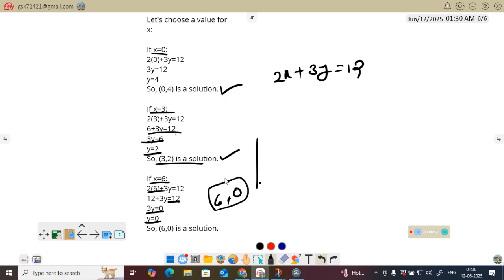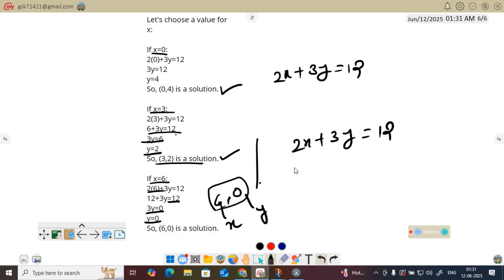But student, we want to verify whether this value is right or wrong. What is our equation? 2x plus 3y equal to 12. Put the values x equal to 6 and y equal to 0.